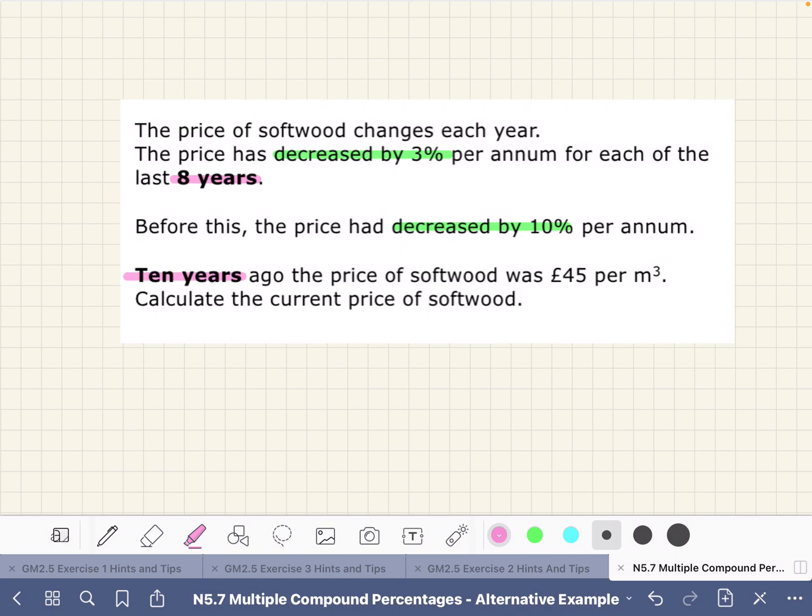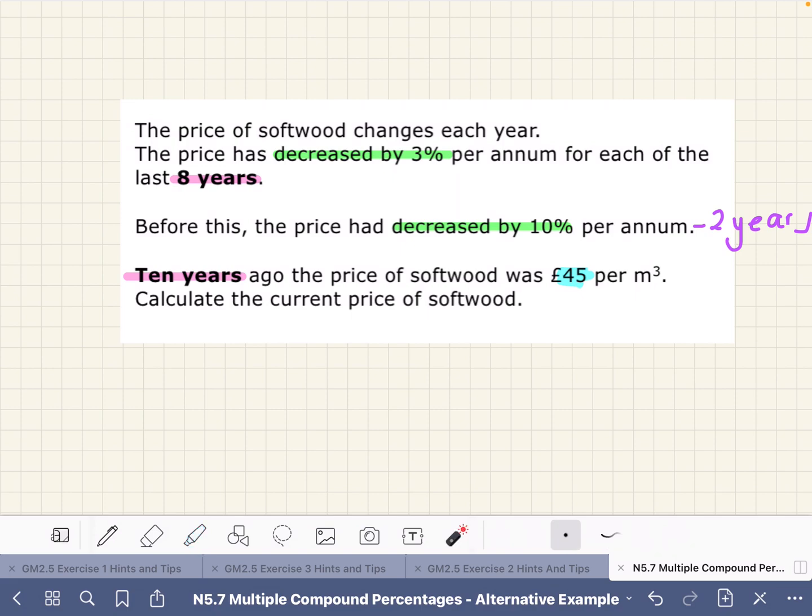However, we are told there are 10 years in total, which will enable us to work out how many years there is for this section here. Because there are 10 years altogether and 8 years are there, that means we have 2 years left over for this one there. And we've been told the price of the softwood is £45.